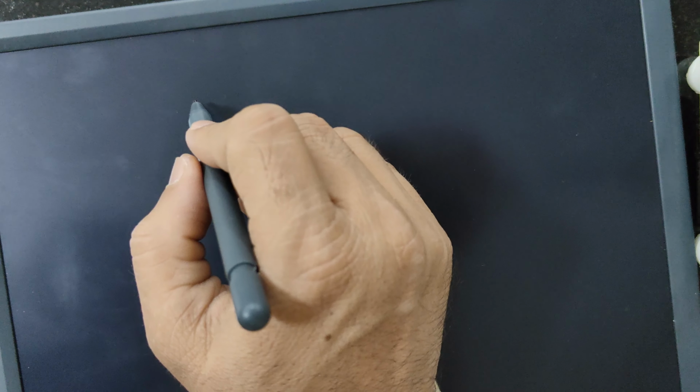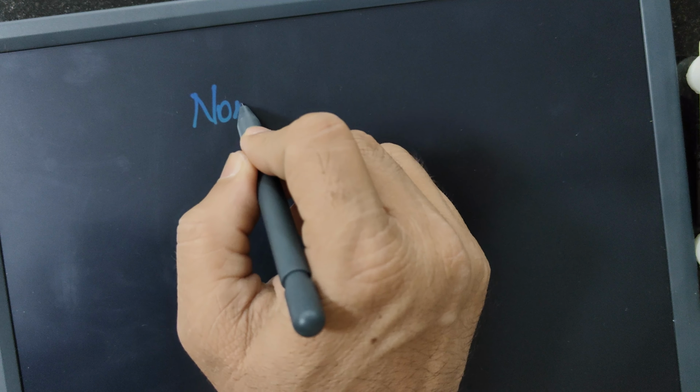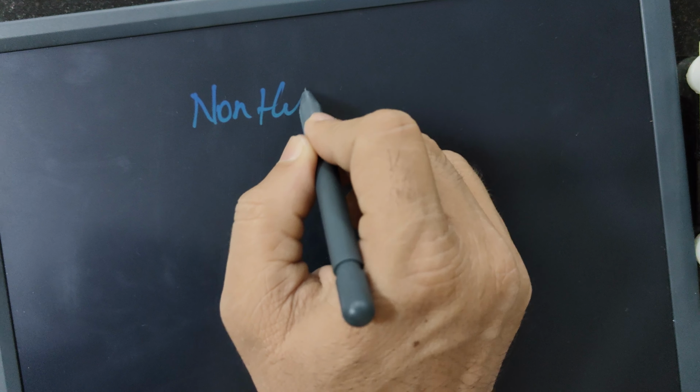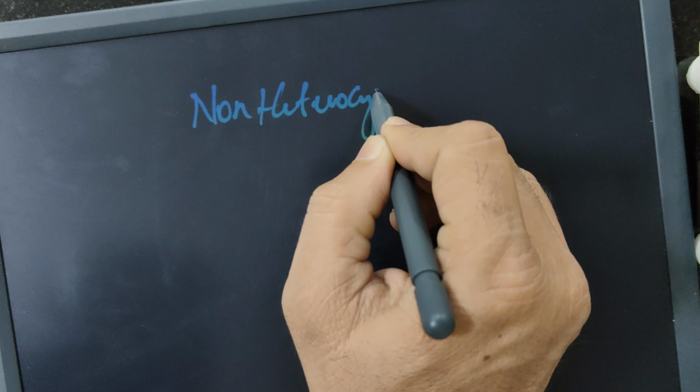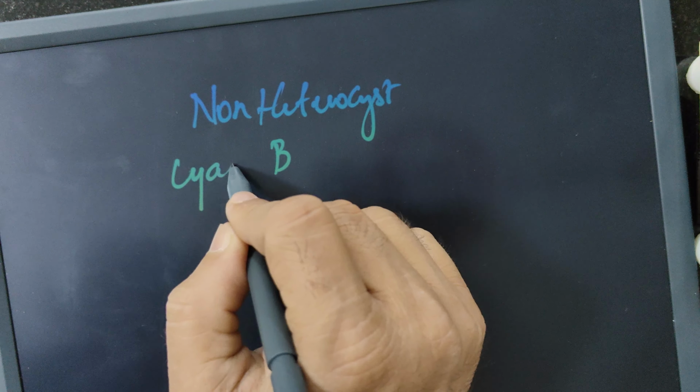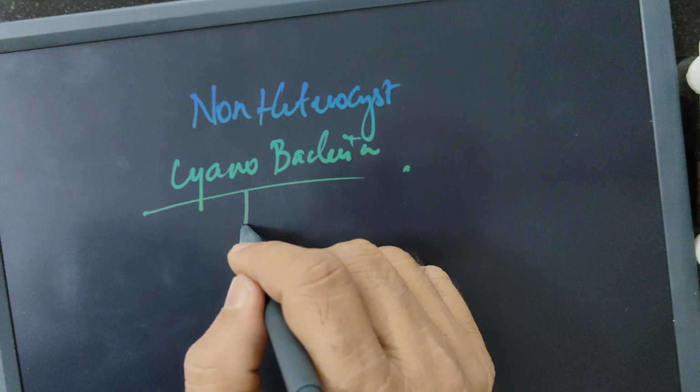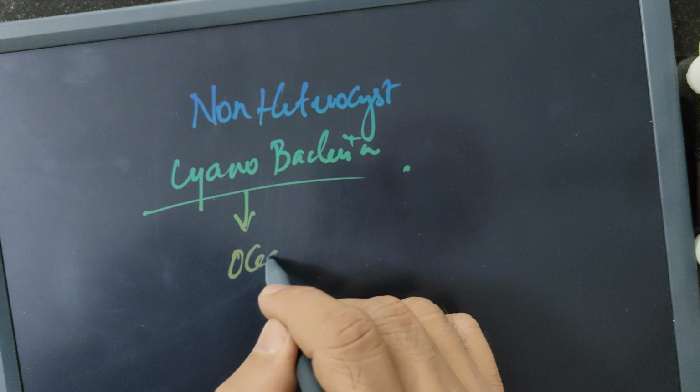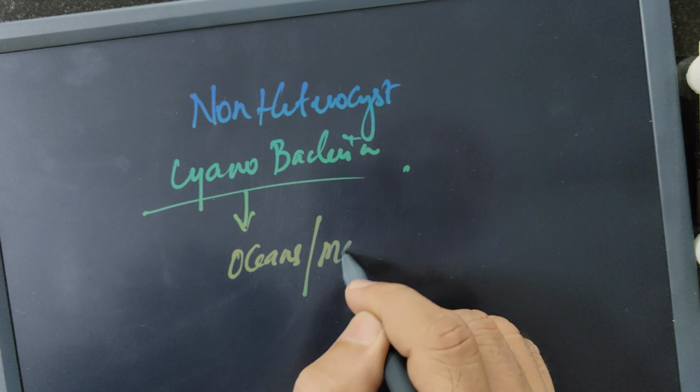and there are certain cyanobacteria which do not have any heterocyst, non-heterocyst cyanobacteria, especially in oceans and other marine bodies.